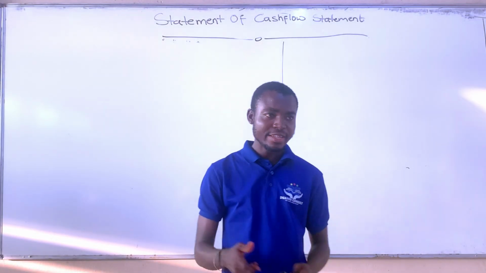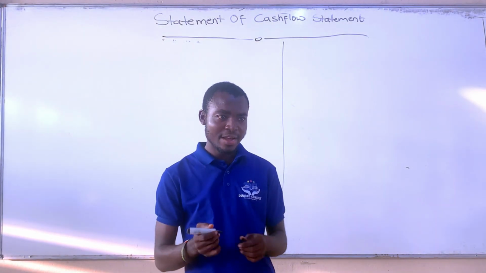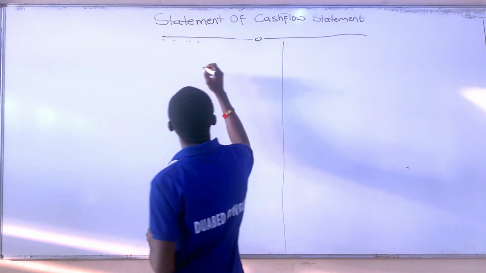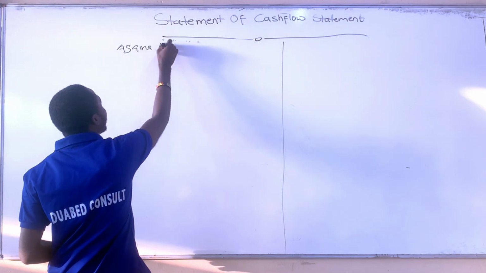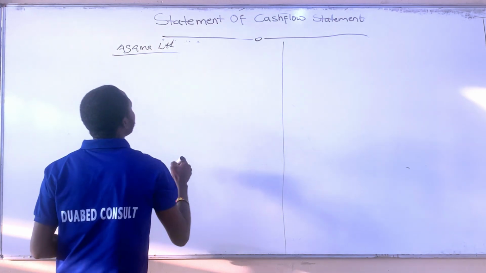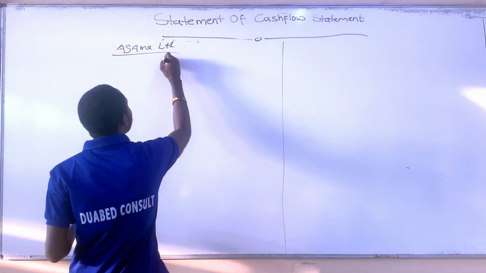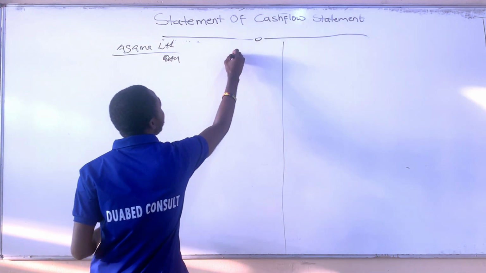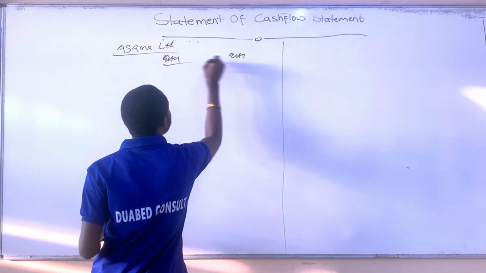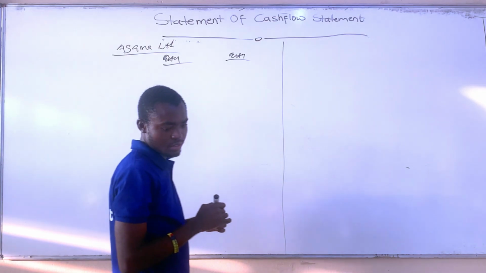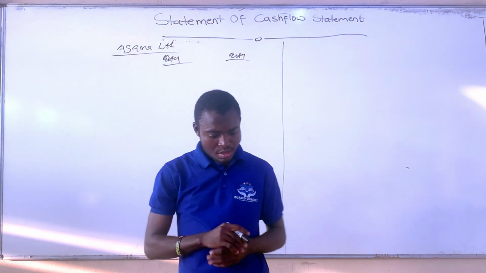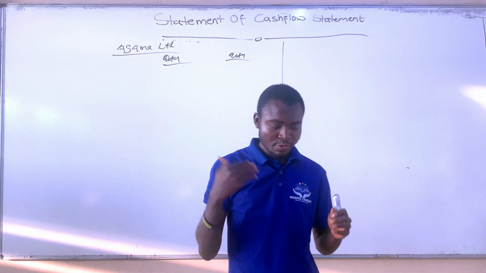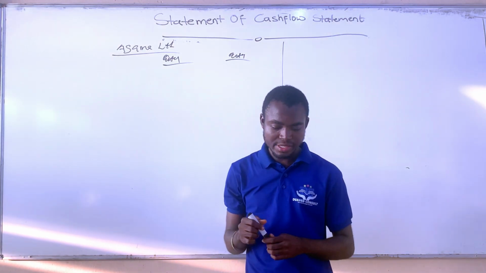So first, we write the name of the organization. That's the Agama Limited. So we start with cash flow from operating activities.